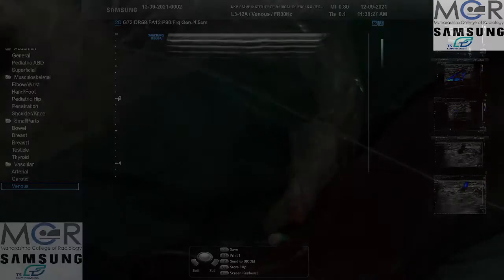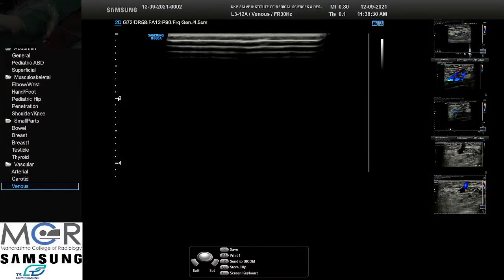Focus on the leg. We can see the laser going.